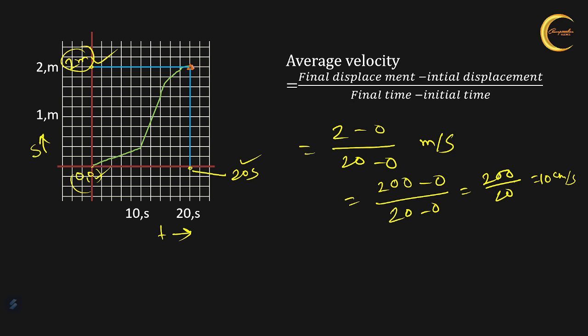But displacement means the shortest path between the initial and final points, while distance is the path actually followed. Here the distance is more than the displacement.